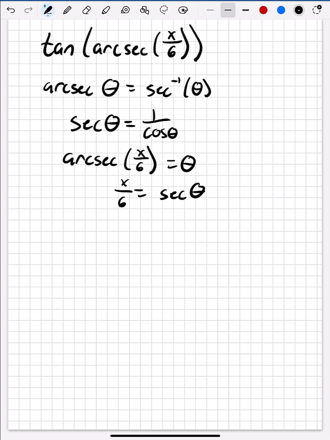So then, because I know that secant is 1 over cosine, x over 6 is equal to 1 over the cosine of theta. Okay. Doing some algebra steps, you would find that the cosine of theta is just equal to 6 over x, right? Just flip it over.